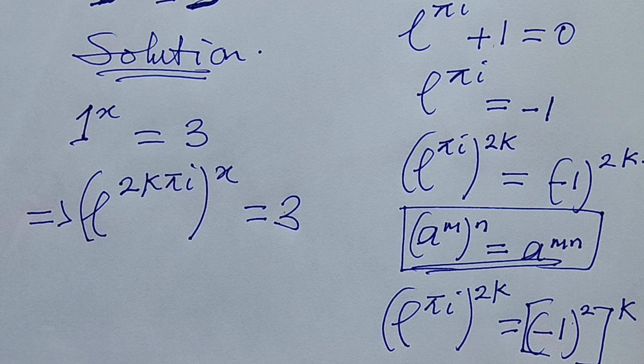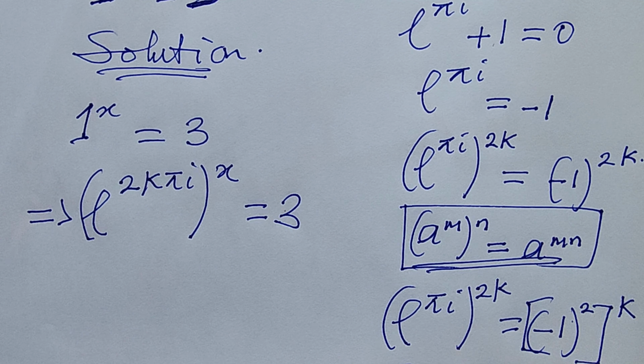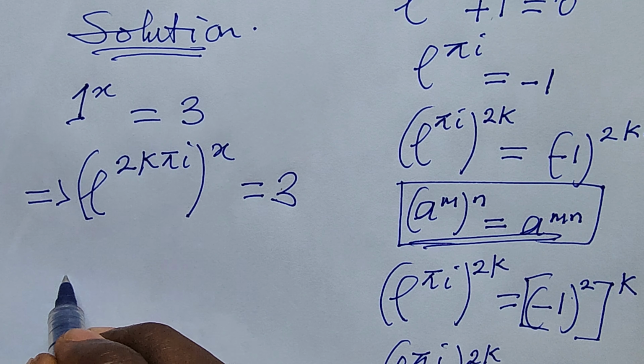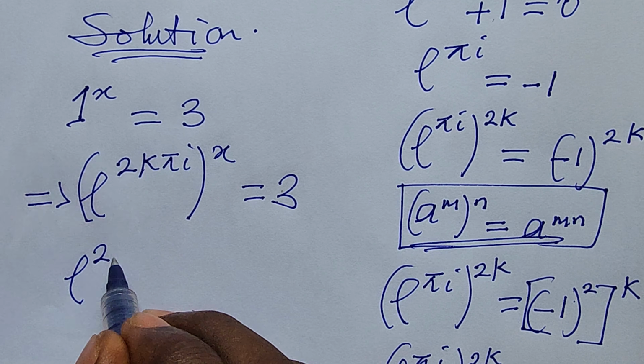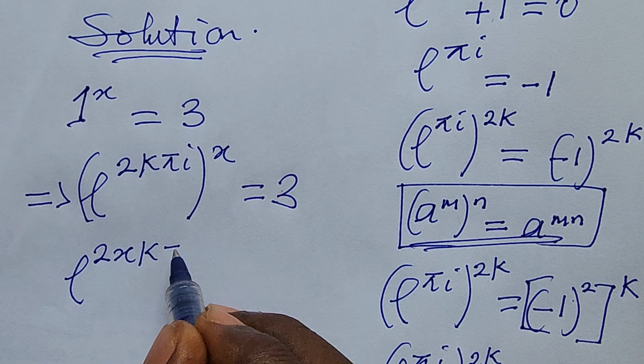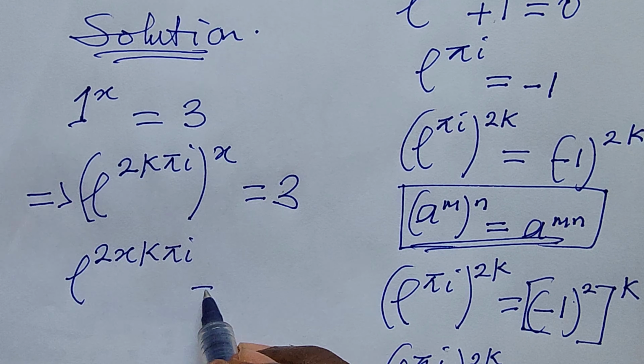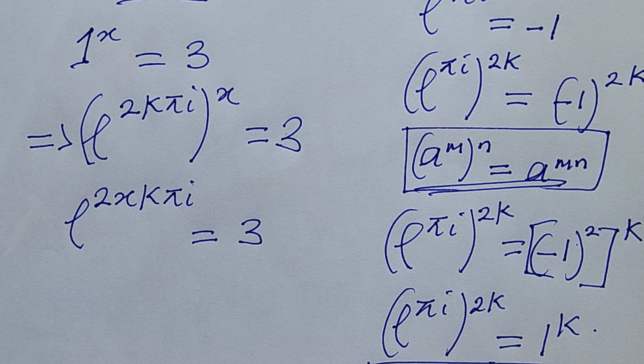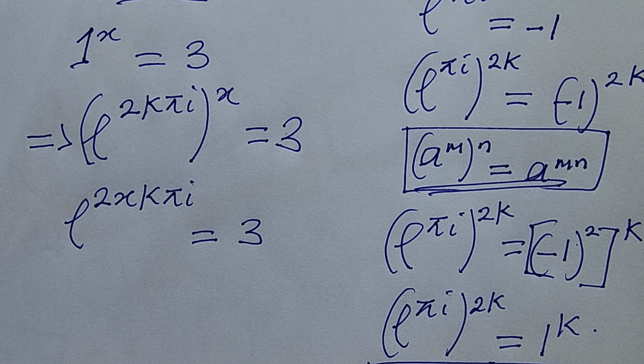Wow. So if we multiply the exponents according to this law here, we're going to have e to the power of 2xk pi i is equal to 3. What do we do here? Now, we want to eliminate this e here from both sides of the equation.